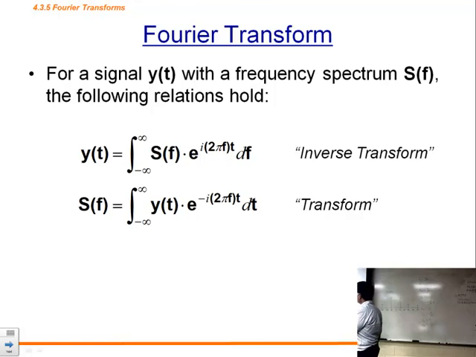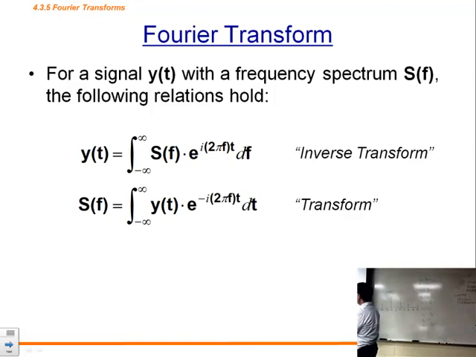So before we had a sum here. We had a sum of a coefficient giving the frequency contribution times a complex exponential in the modern form. But here, now we have an integral. So what we are integrating is all of these possible complex exponentials for all possible frequencies f.